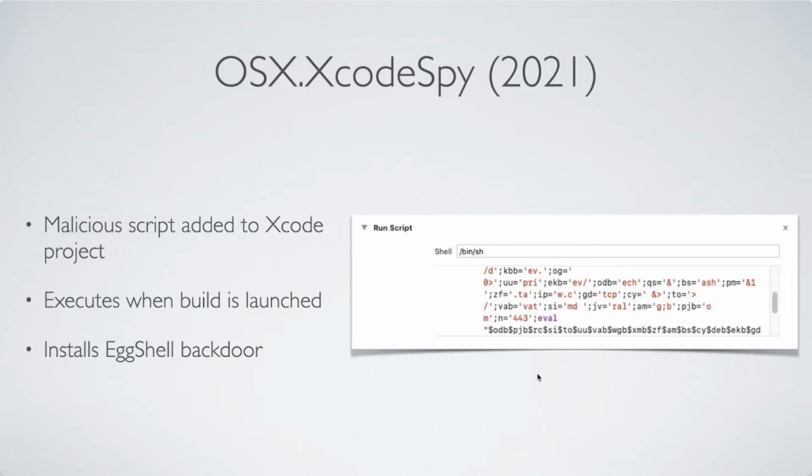So it's kind of sort of legitimate, but it's also been abused for malicious purposes. And so you just have to imagine a case where this malware modified your existing Xcode projects to add this script, and that would not be a good thing.